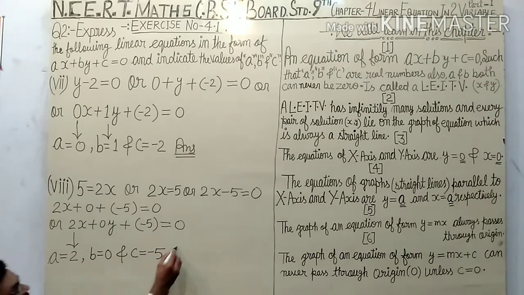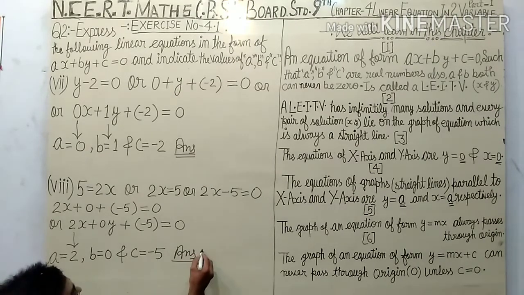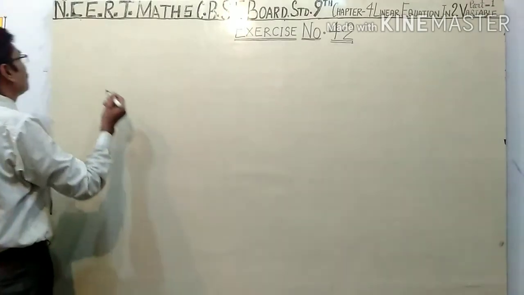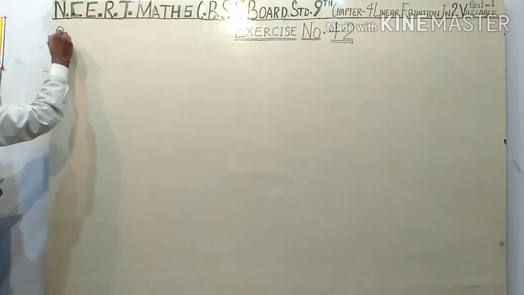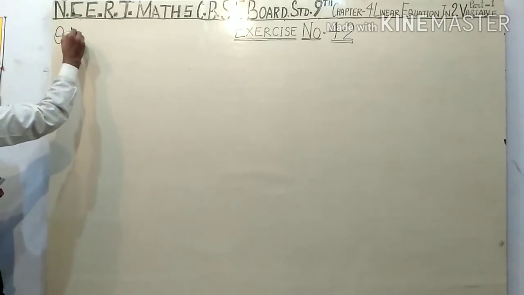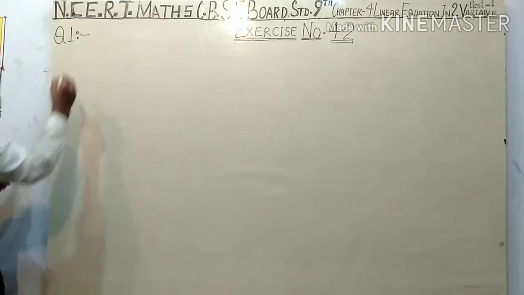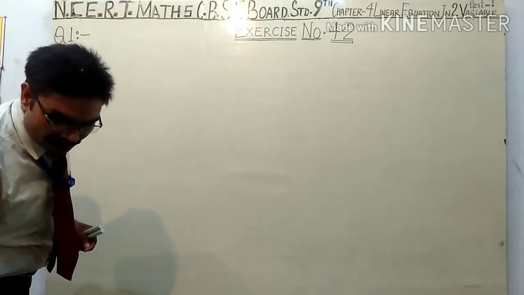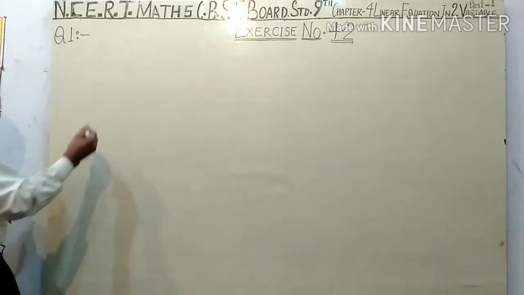Now friends, we are going to solve exercise 4.2 because this is the last question of this exercise. Now in exercise number 4.2, the first question asks which option is true and why. We have been given an equation y equal 3x plus 5.